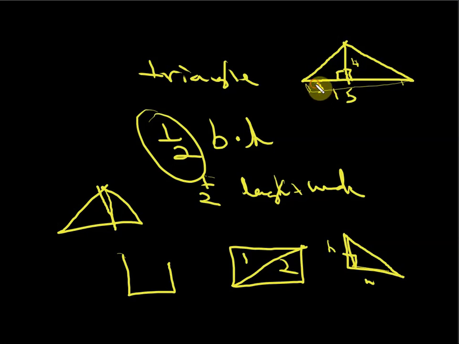If the area of this portion is 3, then this area would be 12, and we essentially solved for this. So we could say 4 times 15 is 60, and this would be meters squared because we're always in meters. But that's essentially it.